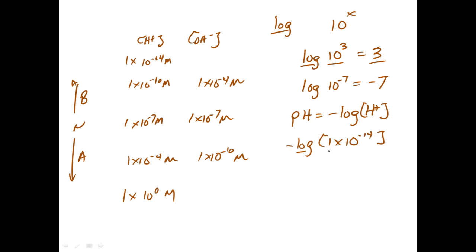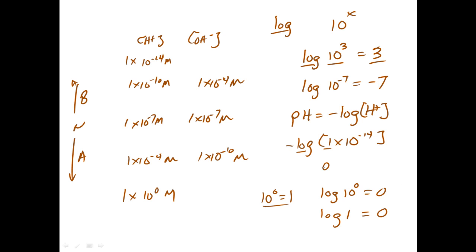Well, the log of 1 is 0. You go, how do you know that? Well, if 10 to the 0 power is equal to 1, then if I take log of 10 to the 0 power, I get 0 for my answer, which could be substituted as the log of 1. Log of 1 is equal to 0, because these are equal, right?